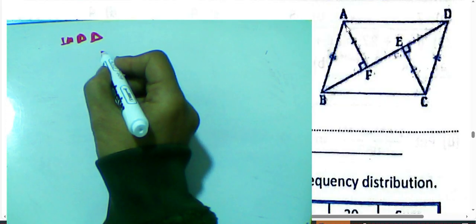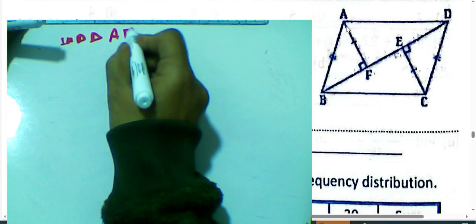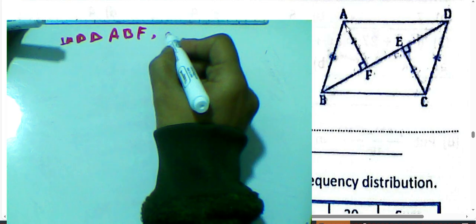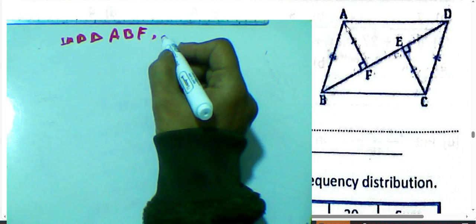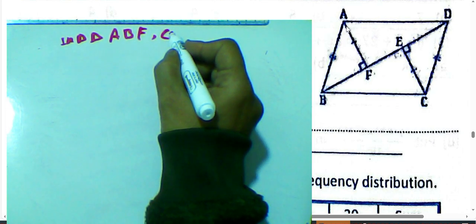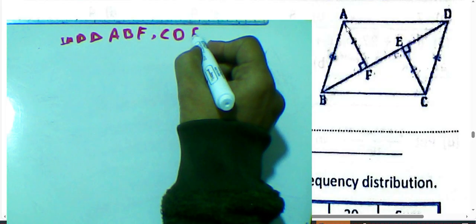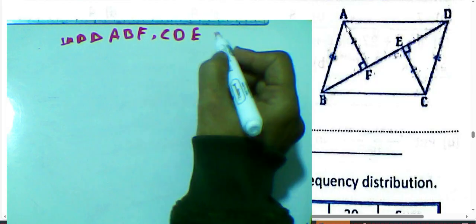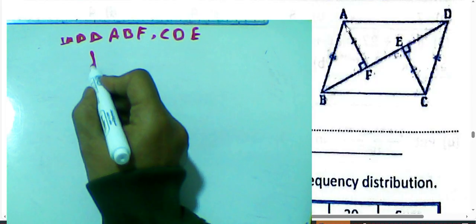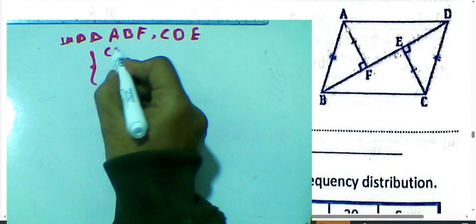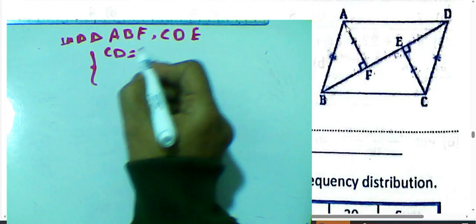Okay, so first step, in the two triangles, the first triangle here we call ABF, and the second triangle here you can write CDE. Okay, we have a right angle triangle. In the two triangles here, the side CD is equal to AB.